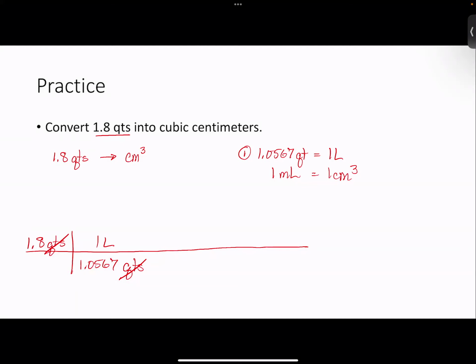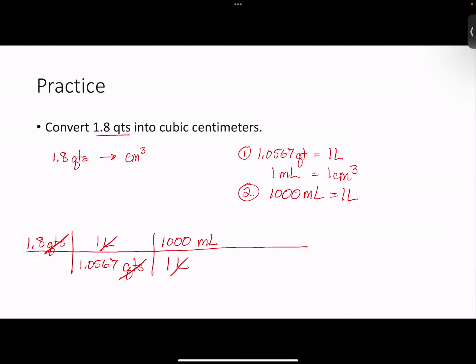I next need to worry about liters. Well, I didn't have a conversion factor for liters, so I realize I'm missing one. The one that I'm missing is 1,000 milliliters is equal to a liter. So that is the second one I'm going to use. Of that conversion factor, I'm going to put the liter in the denominator and the 1,000 milliliters in the numerator, so that the unit cancels out, leaving milliliters in the numerator.